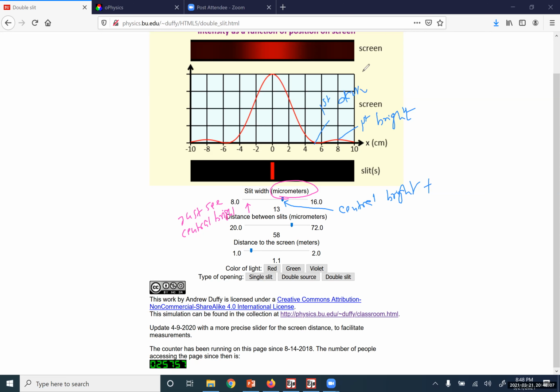Okay, so the slit width plays a role in seeing the different orders of the diffraction pattern.